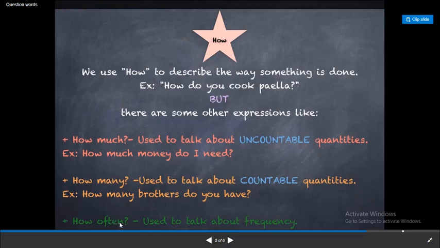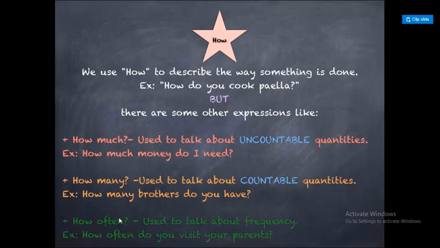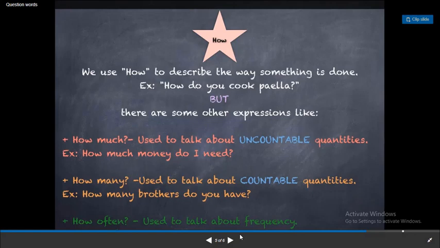It can also be linked to often to ask about frequency. How often do you visit your parents? In addition to old, saying how old to ask about age. How high, how long, how far to ask, for example, about distance.